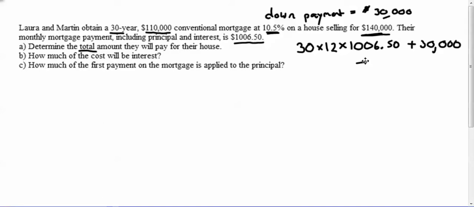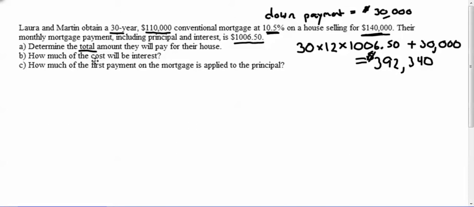So based on my calculations, for that house that only cost $140,000, they actually ended up paying $392,340 for it because of all that interest every month for 30 years.